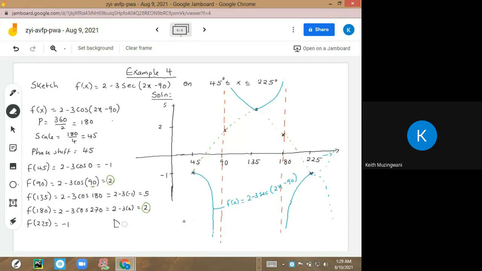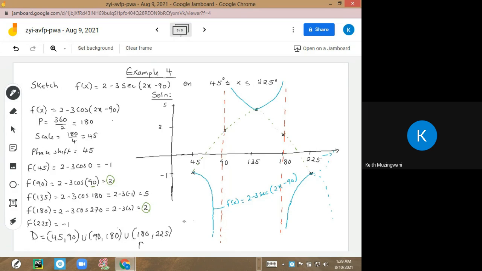If you're asking for the domain in the given interval, the domain is 45 to 90, union 90 to 180, union 180 to 225.